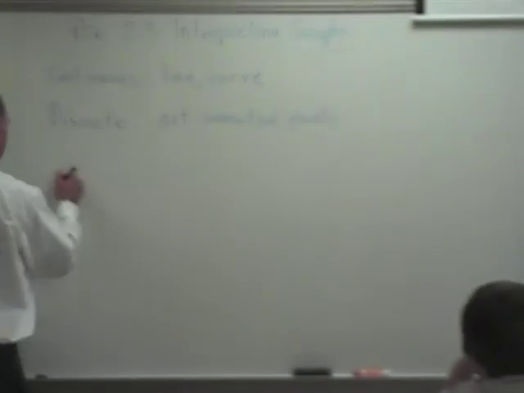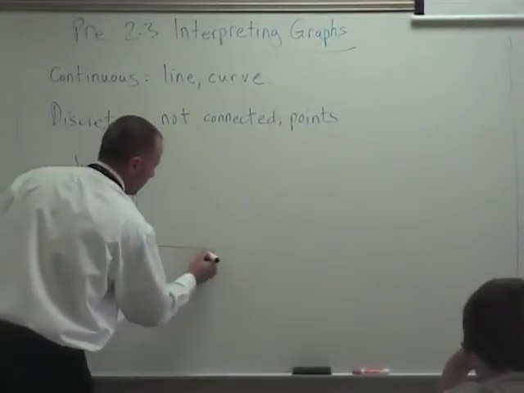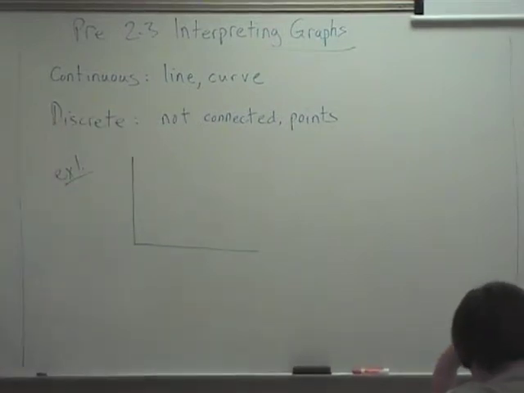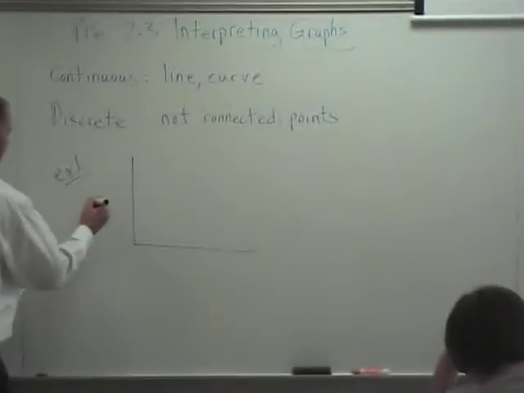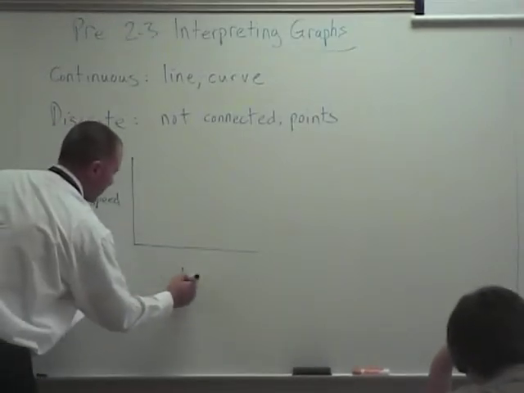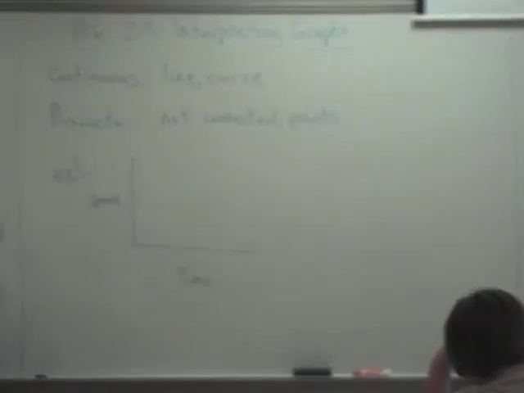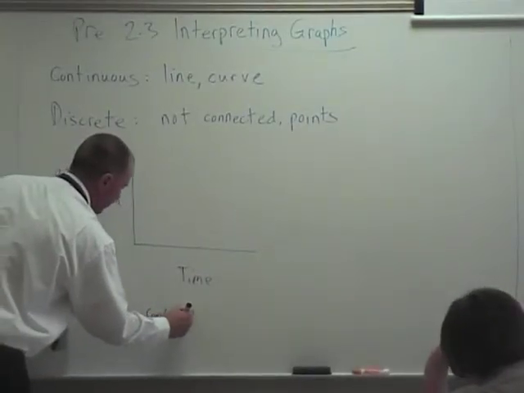Okay, example 1. Typically we're only going to deal with the first quadrant today. Speed is my y-axis. Time is my x-axis. And this will be an example of a continuous graph.